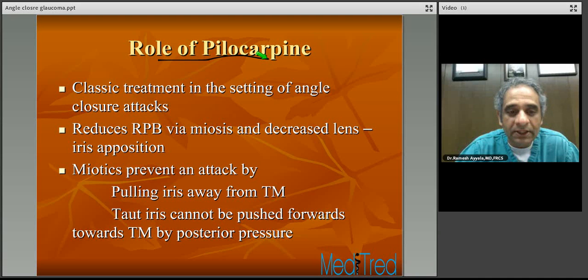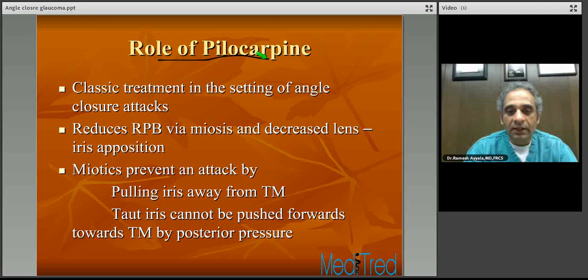Miotics prevent an attack by two mechanisms: pulling the iris away from the trabecular meshwork, and making the iris taut, which cannot be pushed forwards, meaning less convexity towards the TM by posterior pressure. So remember these two points in a setting of angle closure. The reason why you use pilocarpine is, here, let me draw this again for your benefit so you understand this.